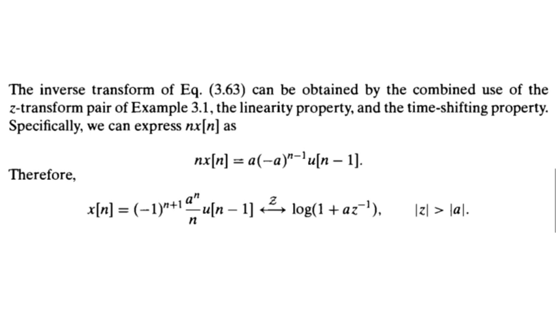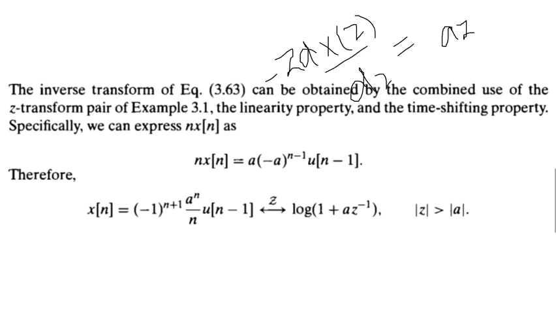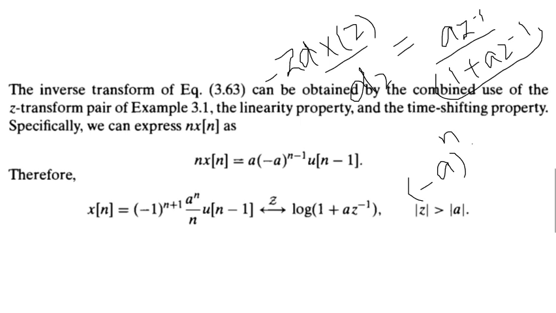We have minus z dX(z)/dz equal to a z inverse divided by 1 plus a z inverse. We know that the z transform of 1 divided by 1 plus a z inverse is minus a raised to the power n u[n].